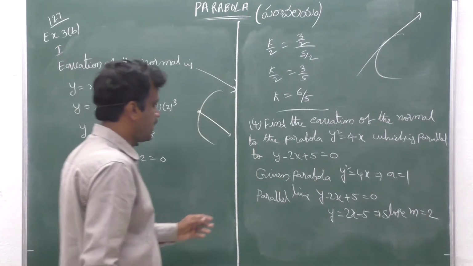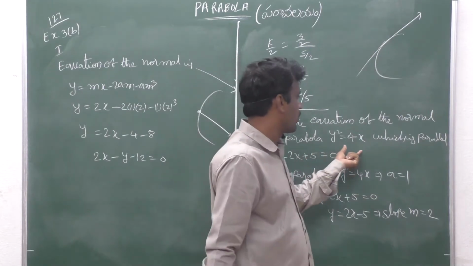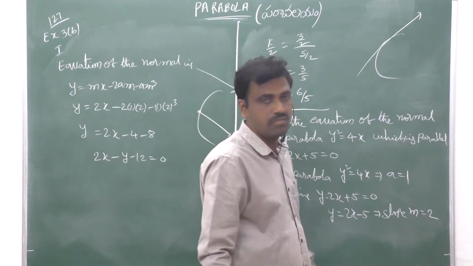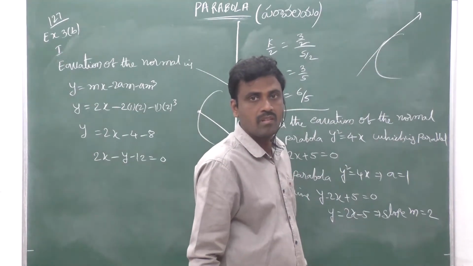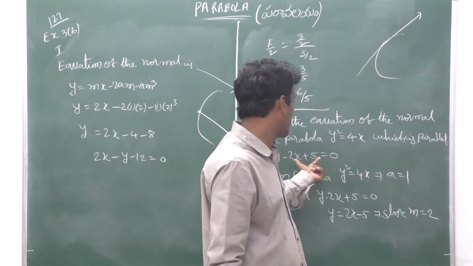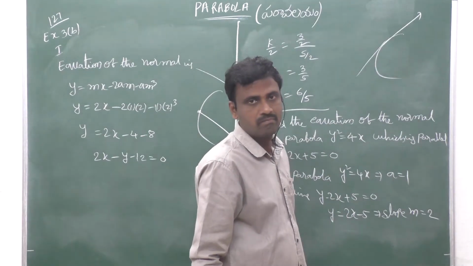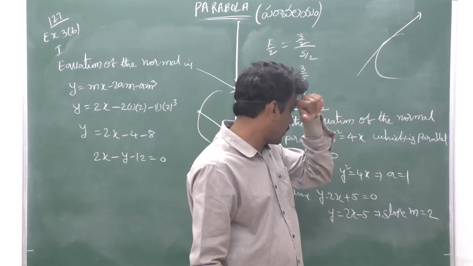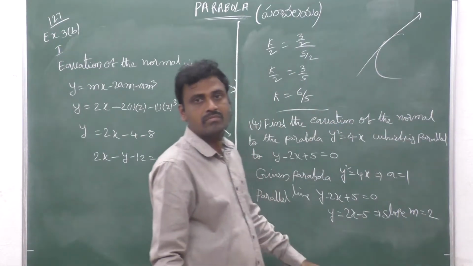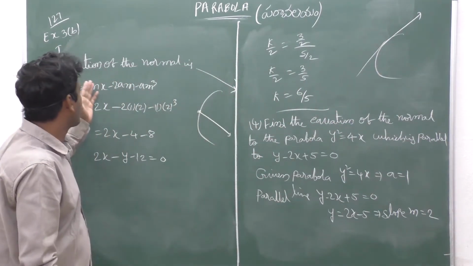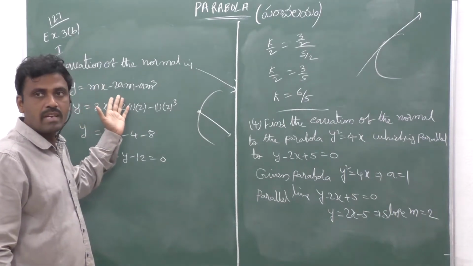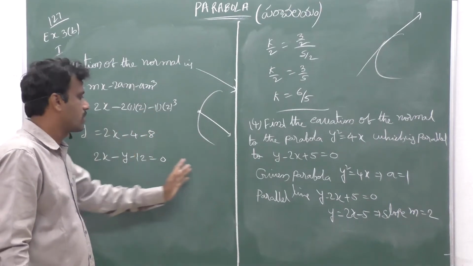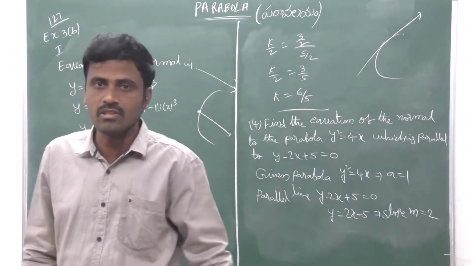That is the equation of the normal to the parabola y square equal 4x, which is parallel to y minus 2x plus 5 equal to 0. Parallel condition, m equal to 2. Therefore the equation of the normal is y equal to mx minus 2am minus am cube, with a means 1, m means 2, giving 2x minus y minus 12 equal to 0.